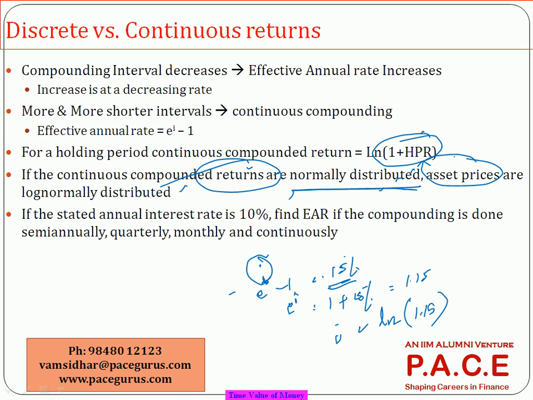So returns following a normal distribution means they're continuous compounded returns, which means when I do an e power or a log of that, prices will follow a log normal distribution. The logarithm of those prices, which is nothing but the returns, follows a normal distribution. That is where we are linking our statistical distributions with the financial concepts.